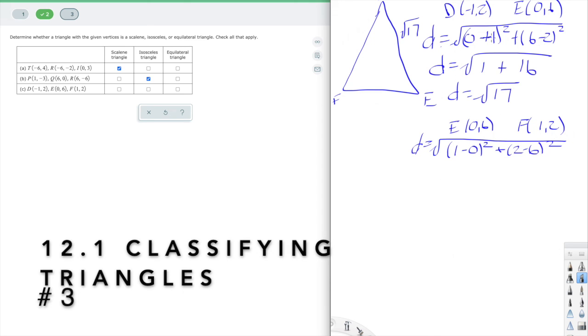There's a little difference in the plus and minus signs. So 1 minus 0 is 1. 1 squared is 1. Plus 2 minus 6 is negative 4 instead of positive 4. But again, with that square, it's not going to matter. Negative 4 squared is 16. Positive 4 squared is still 16. So we get that same answer again.